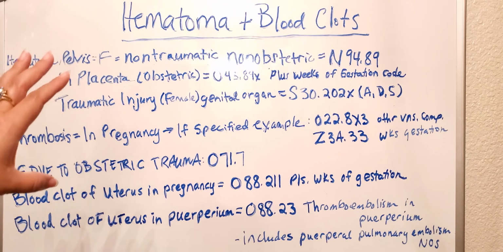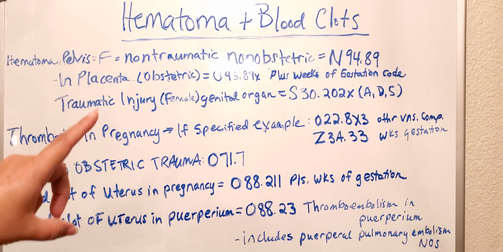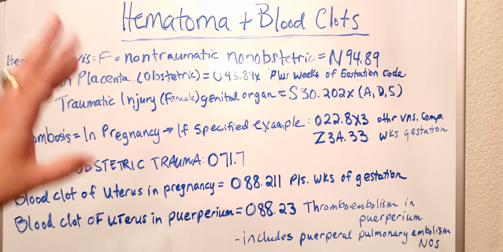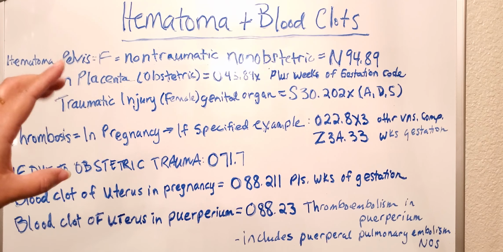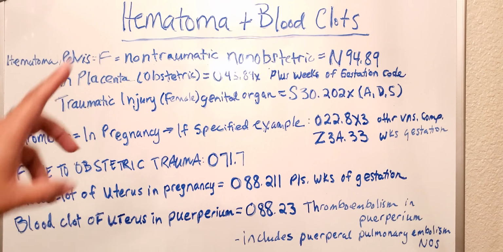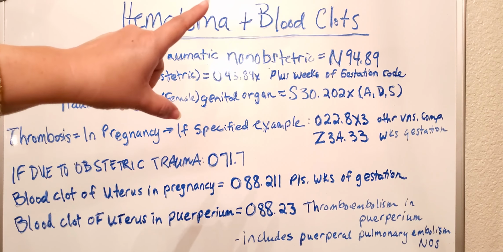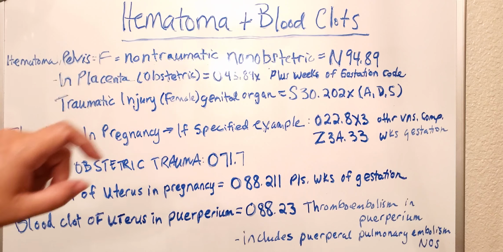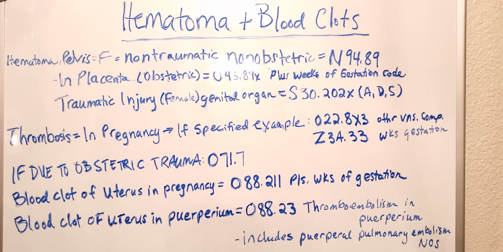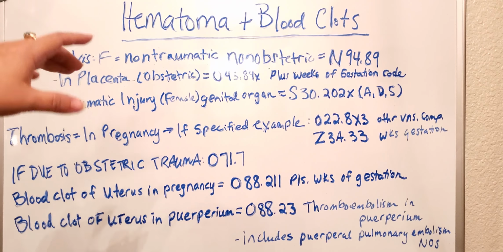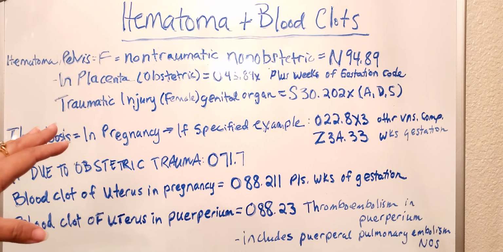If this is non-traumatic, non-obstetric, right, has nothing to do with pregnancy, it's going to be that N94.89 code, okay? We're going to talk about it if it's related to pregnancy in a little bit, but if the hematoma is in the placenta, now we're talking about an obstetric condition, okay?